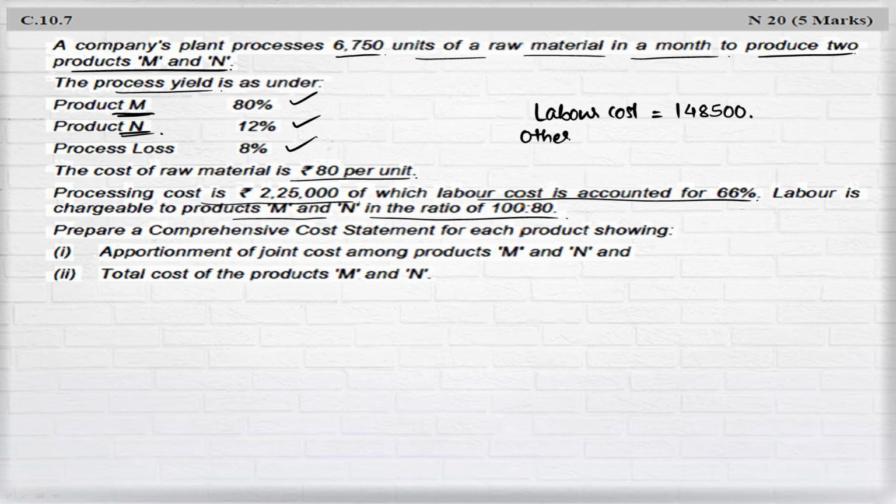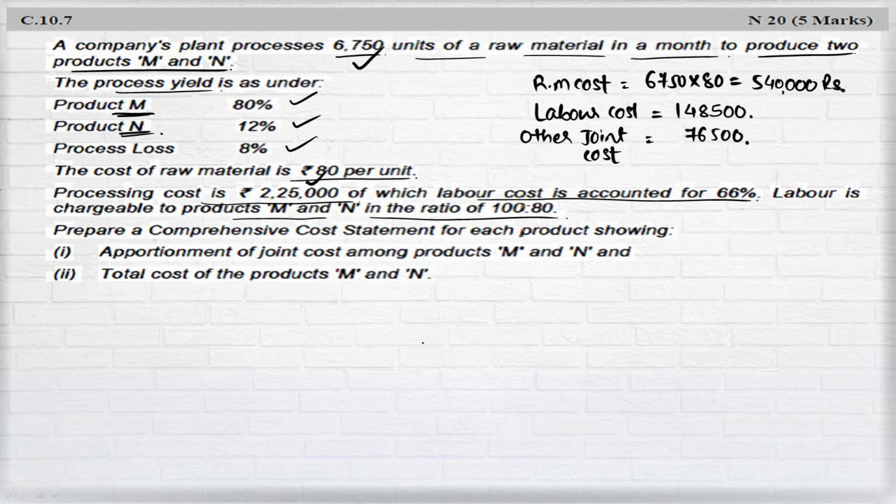The other joint cost is 76,500. And there will also be raw material cost: 6,750 into 80, which is 5,40,000. So all three are my joint cost.